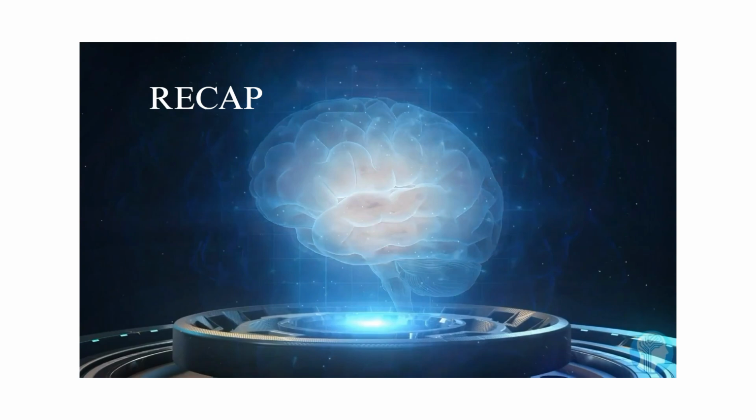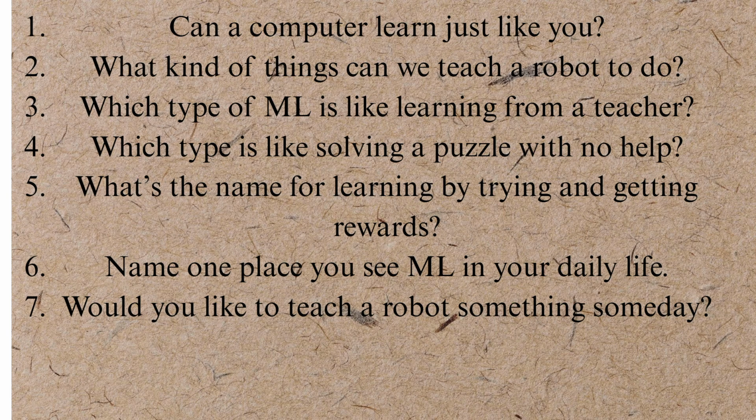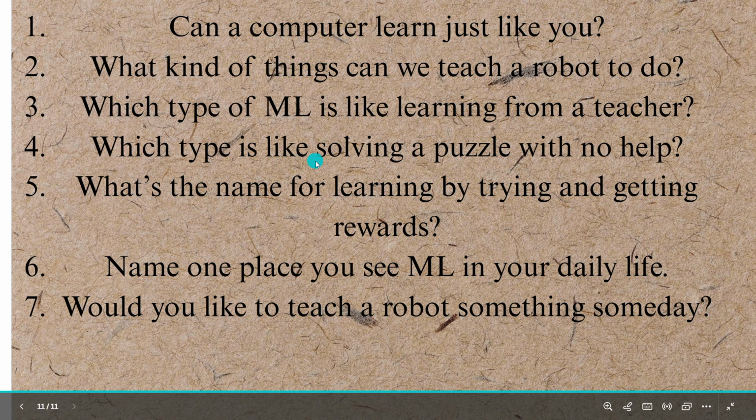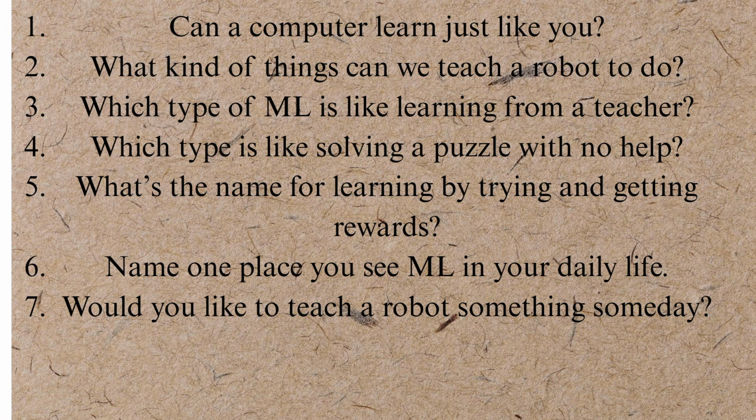That was so much fun. Now you know what machine learning is and how it makes computers smart. Try to answer these questions after completing this video. It will be very good for you to remember the concepts I have taught in this video.